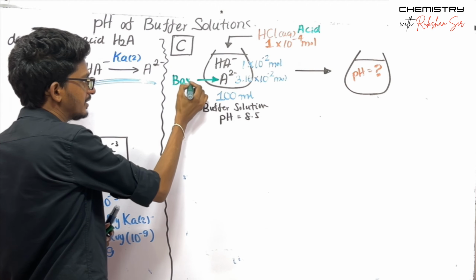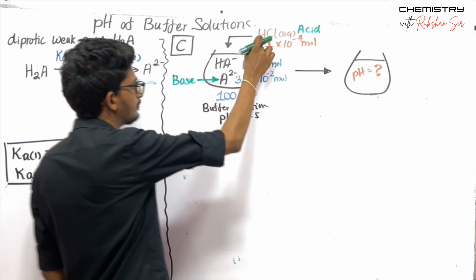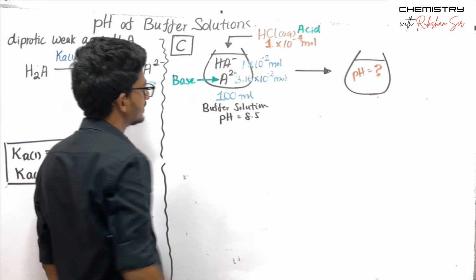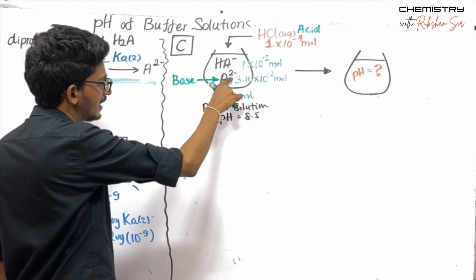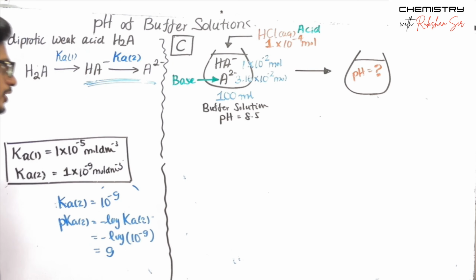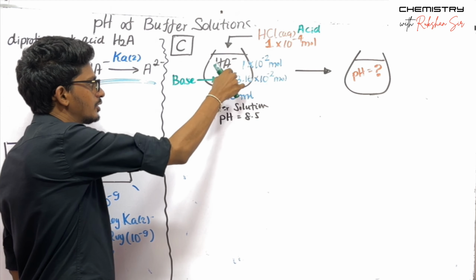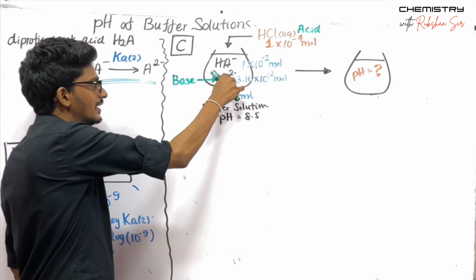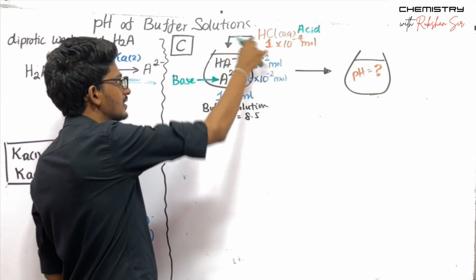The H plus will be grabbed by the more basic species. A2 minus is keener on H pluses, as the negative charge is greater there than on HA minus. So A2 minus is a greater base than HA minus, because the greater negative charge attracts H pluses easily. So this acid will react with the base.